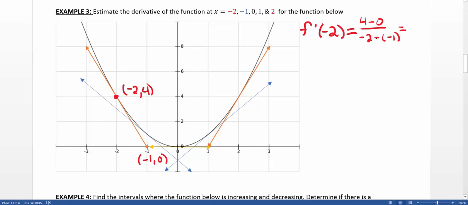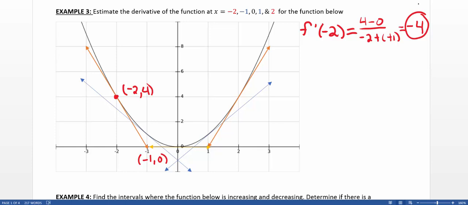On the bottom, notice I have a minus a negative. So those are going to cancel, and I end up with -2 plus 1, which is -1. 4 divided by -1 is -4. So my approximation for the derivative at -2, which is the slope of the tangent line at -2, is -4.